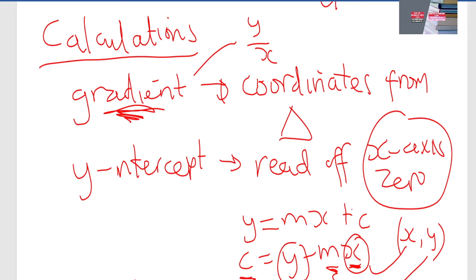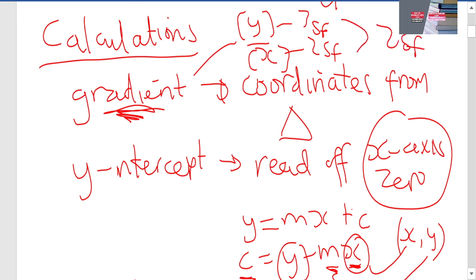So the units of y over units of x. So suppose x is to 2SF and y is to 3SF. So you express your gradient to 2SF there to be consistent with the least. So you cannot be more accurate than the least degree of accuracy in the calculation. So you state your gradient to 2SF.